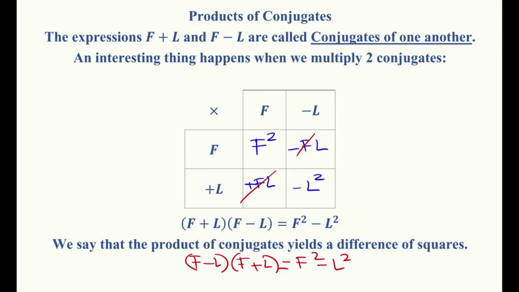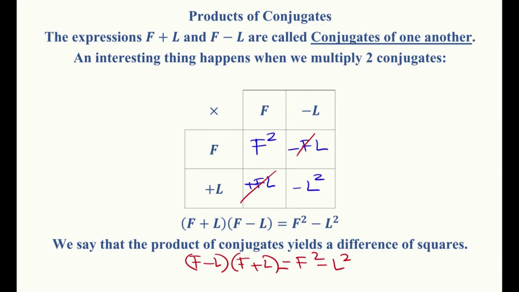So the way that we say it in words, we say the product of two conjugates. Remember, these are called conjugates of each other. The product of two conjugates yields, that means is equal to, a difference of two squares. So that's how you can remember it in words to help you remember the whole rule better.